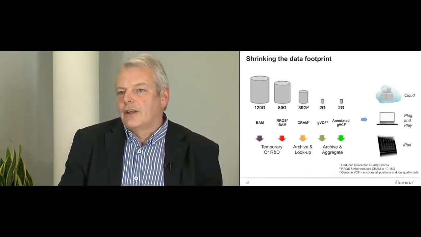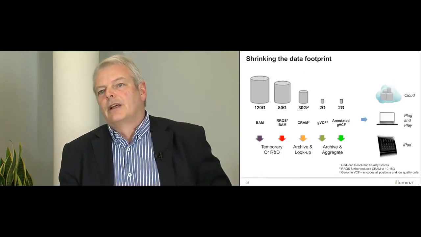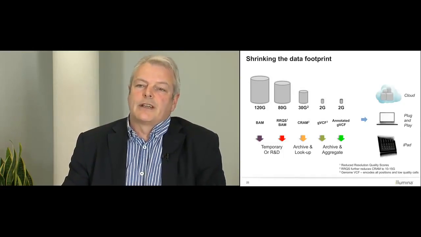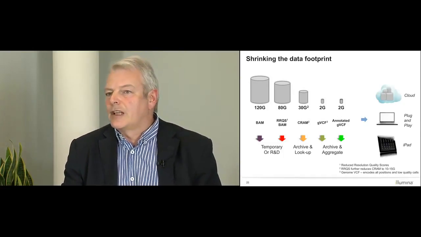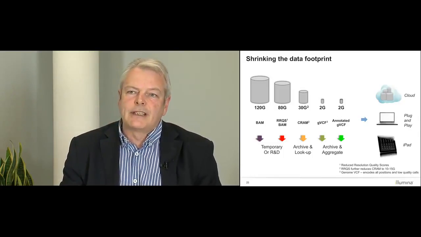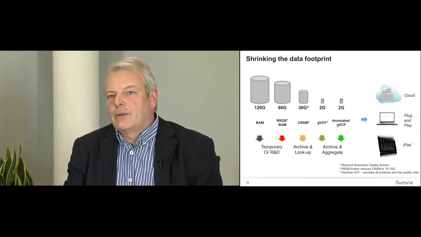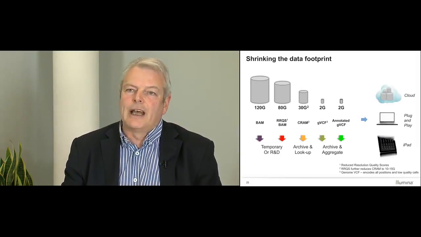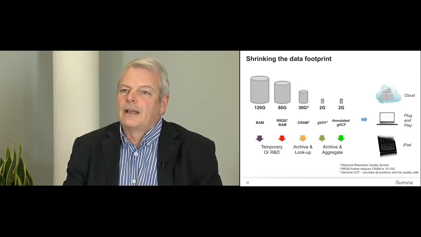I said I'd touch on data footprint, and one of the much discussed elements of whole genome sequencing, and indeed any population scale sequencing, is the scale of the information and the amount of data. But this illustrates the important concept of shrinking the data footprint. We start with an assembled genome, a 30x depth genome, which is a BAM file on the left, 120 gig of data.